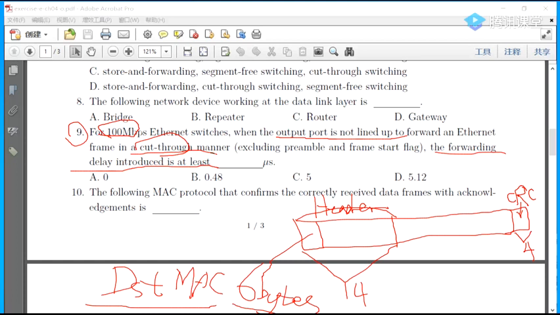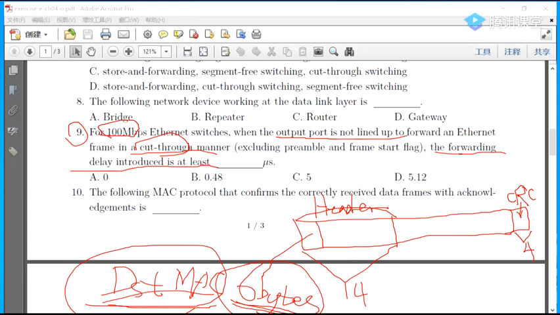For the cut-through manner, after 6 bytes are received by the switch, the switch knows the destination MAC address. So after 6 bytes received, the switch can forward the frames by the destination MAC.